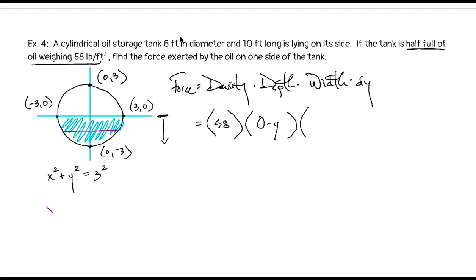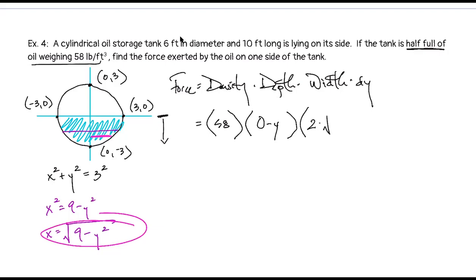So that will give me x squared equals 9 minus y squared, or x equals the square root of 9 minus y squared. And that gives us this half. But if we want the whole thing, we need 2 times the square root of 9 minus y squared. Does that make sense?